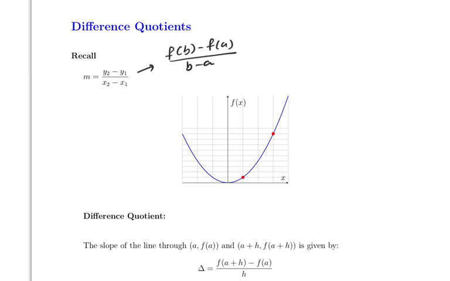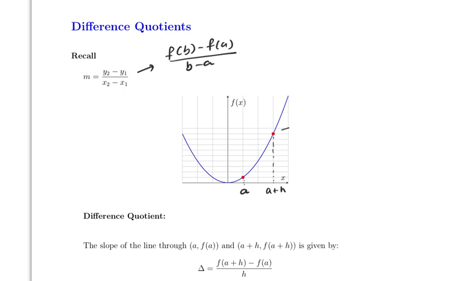So here it is. Instead of calling this one x1 or a, we're going to call this one just the letter a by itself. And instead of calling this one b, we're going to call it a plus something else, because technically that's what it means, right? If you start here, you need more to move to this place. What is that more? Well, we're going to call it h.